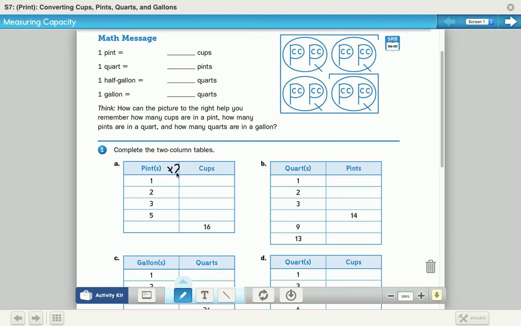And then again, remember, if you're going backwards, changing cups into pints, since it doesn't take as many pints, instead of multiplying times 2, you would divide by 2 if you're going this direction. So take a second to fill out that chart, what goes in those blanks.